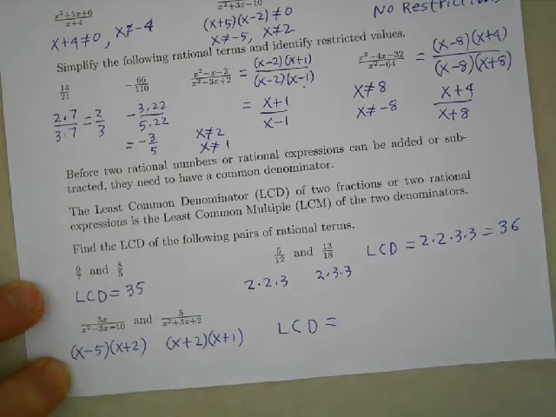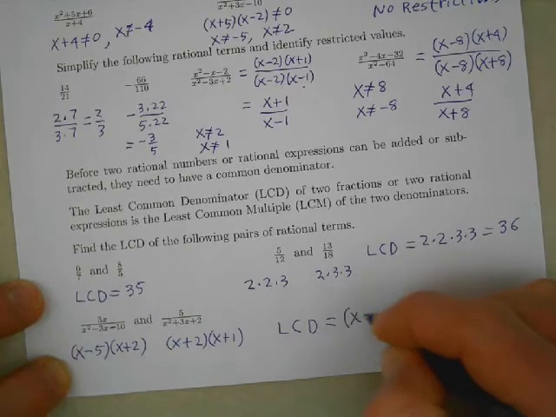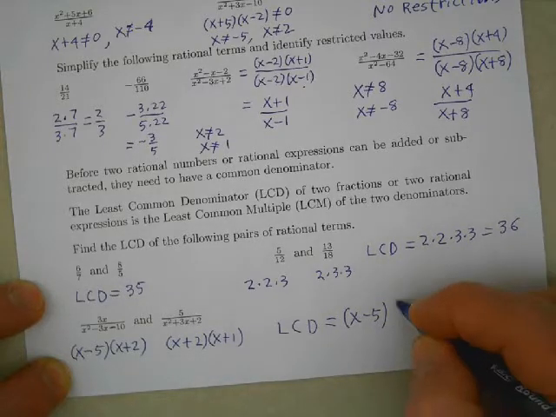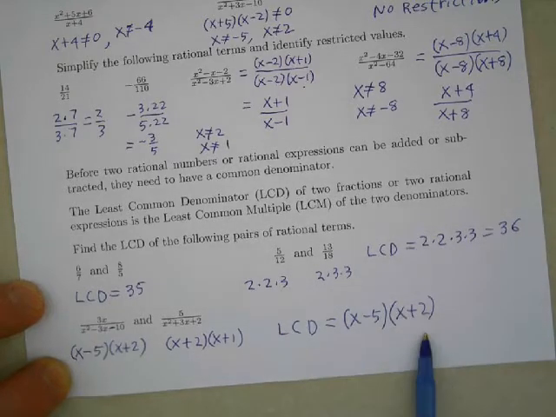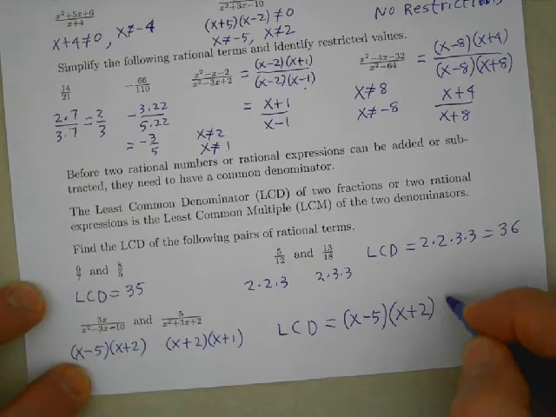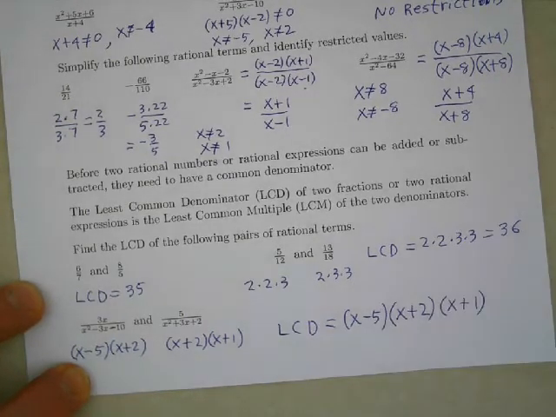So x minus 5 is in the least common denominator. x plus 2 appears in both, but in the least common multiple, it only needs to appear once, so x plus 2 is a factor. And then x plus 1 is a factor of the second denominator, so in the least common denominator, it must also appear as a factor.